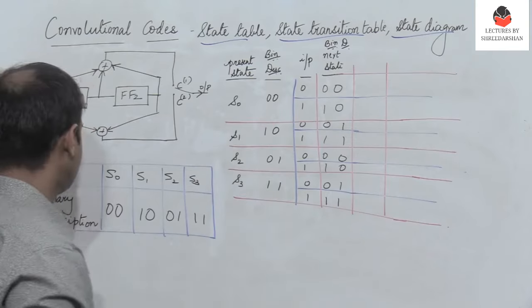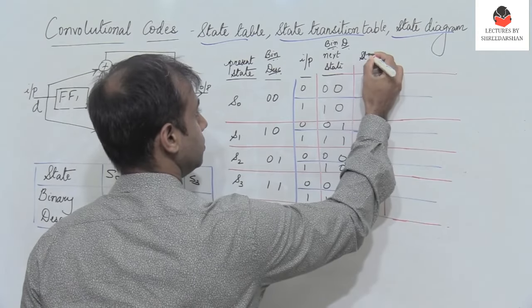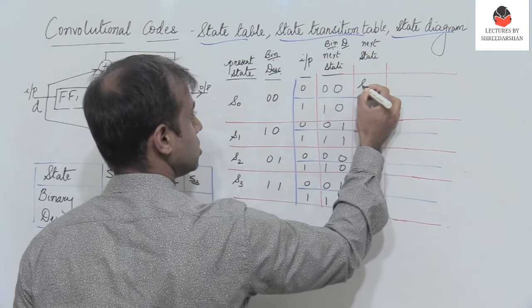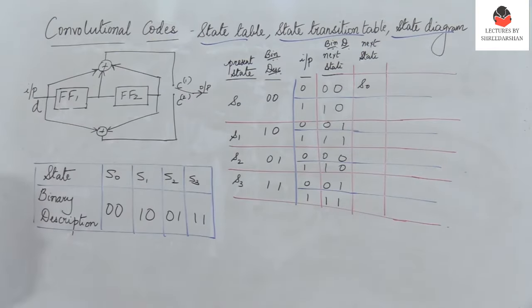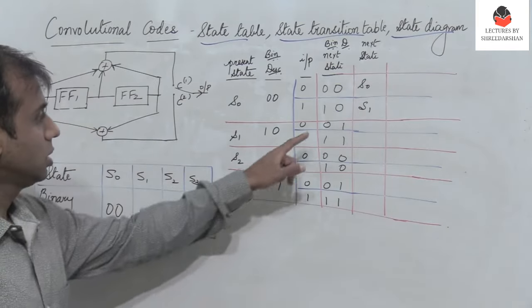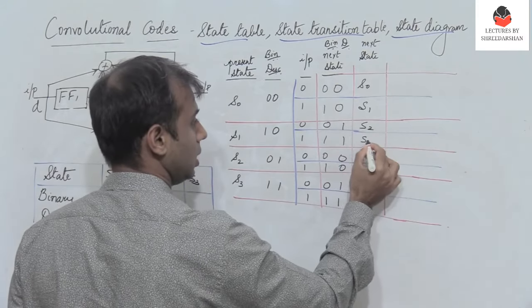So let me write the states as such. 0, 0 is S0, so the next state would be S0 here. 1, 0 is S1. Next, here I have 0, 1, which is S2. Then I have S3.